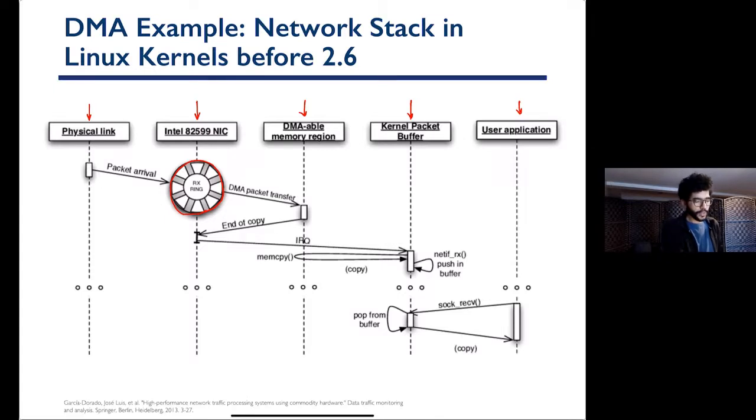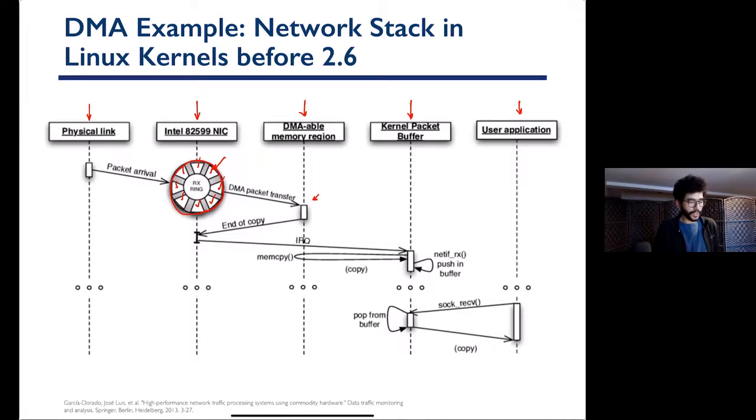So the kernel sets up the address of this DMA-able region. Initially, your NIC doesn't know where to copy the data. So the operating system sets up the entries for this, saying the first packet you get, copy it here, the second packet you get, copy it here, and so on and so forth. So the operating system provides this DMA-able memory region to the device.